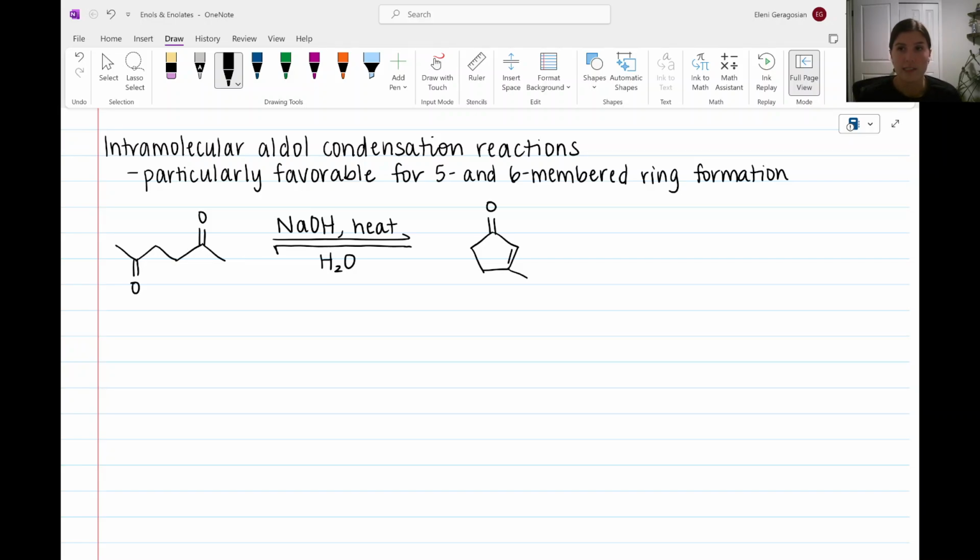So when we do our first step, forming the enolate, we'll consider where to deprotonate an alpha carbon that will then produce a 5 or 6-membered ring. The 2 carbonyl carbons are equivalent in this molecule.